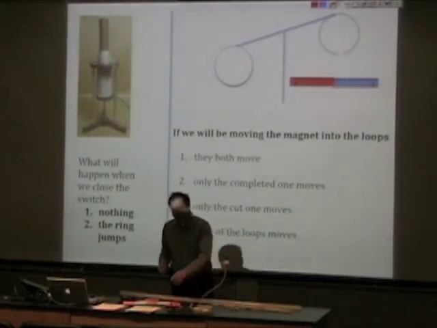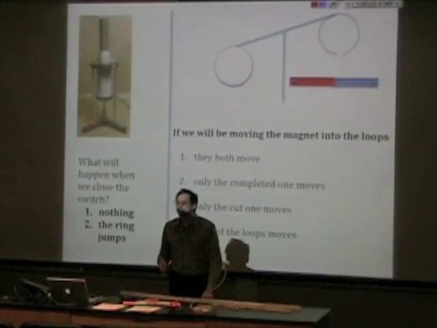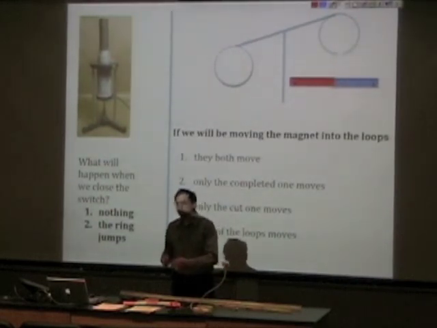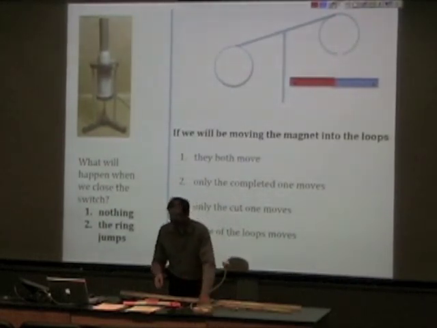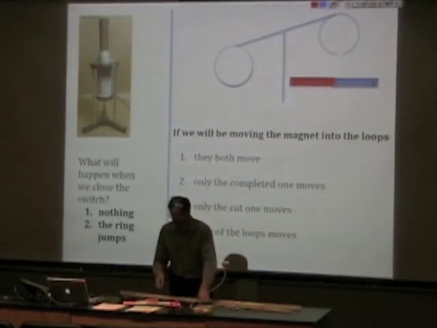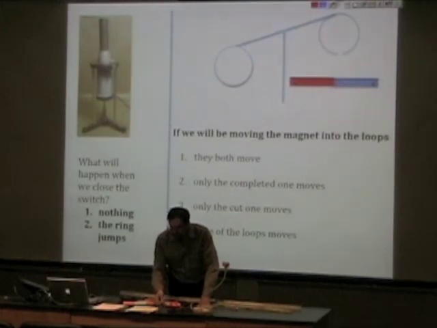But what's going to be happening to the other ring? Well, the induced current induces a magnetic field, and those two magnetic fields interact. So if I bring the magnet close to the ring, the interaction is supposed to lead to repulsion.